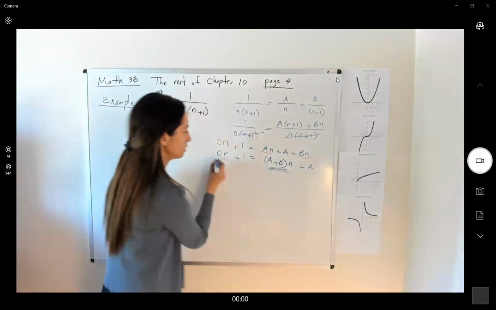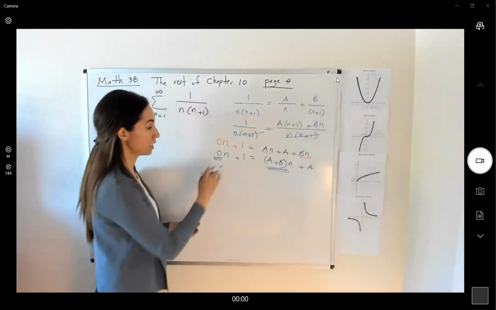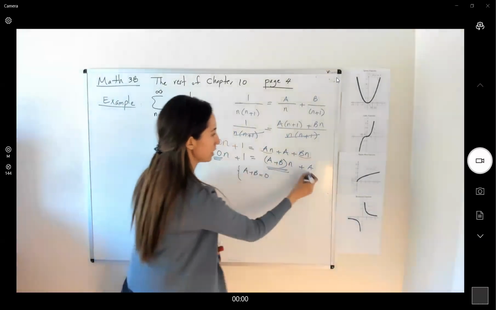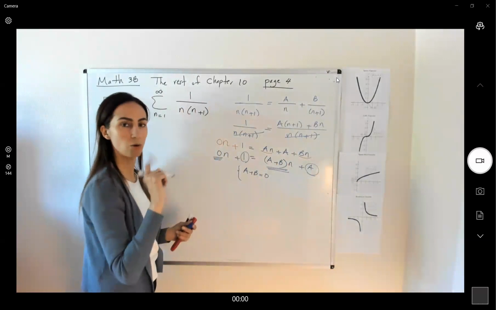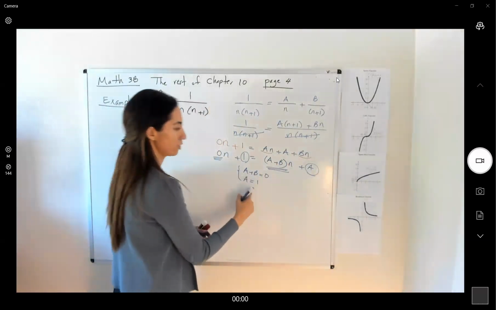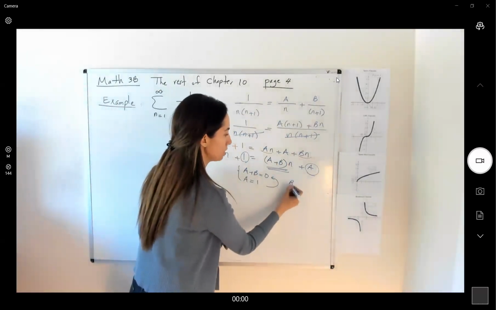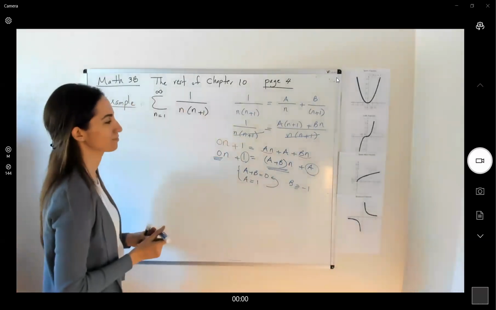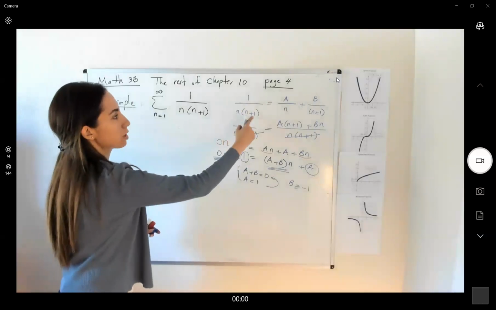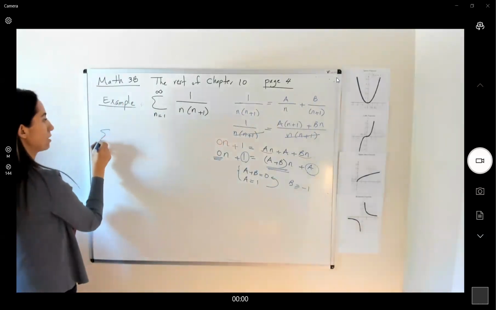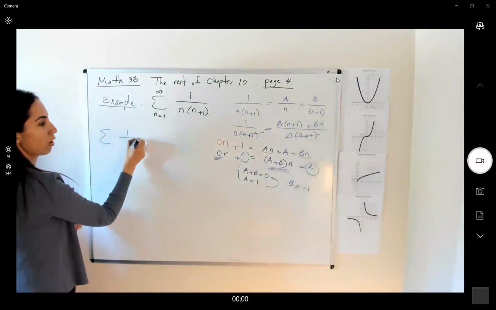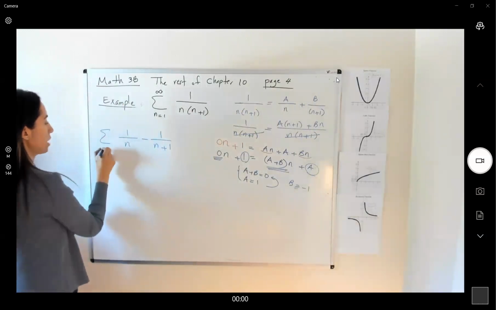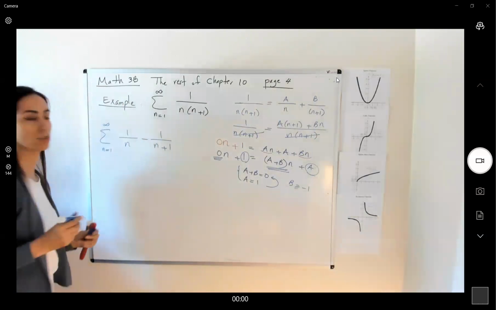A plus b as the coefficient of n is equal to 0. So a plus b is 0. And a as a constant is equal to 1. So if you solve this equation, b is equal to minus 1. So this sum can be written as 1 over n minus 1 over n plus 1, n starts from 1 and goes to infinity.